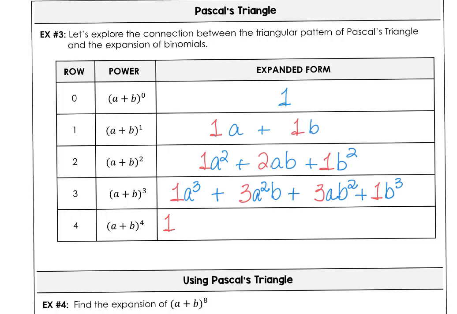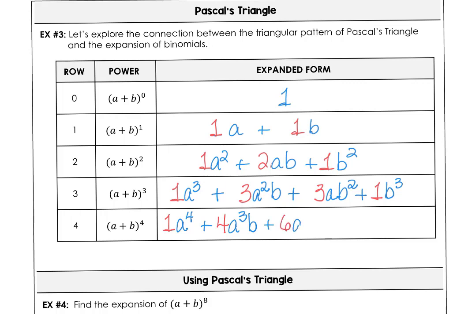And what's happening? The power of a starts out to our nth power, and there's no b. And then the next number, our coefficient on Pascal's triangle, is 4. Our power is reduced to cube, and then there's a b to the first. And then our next coefficient is 6.